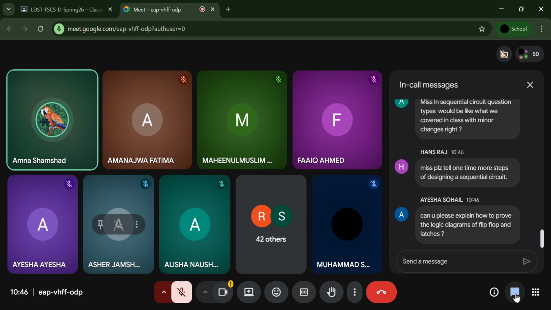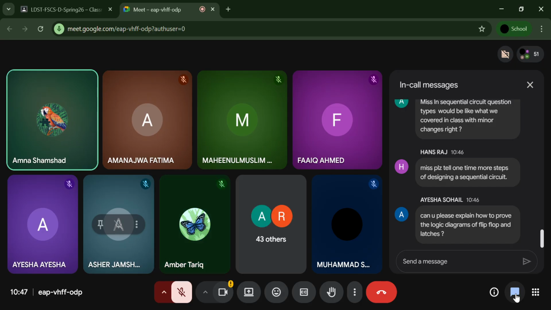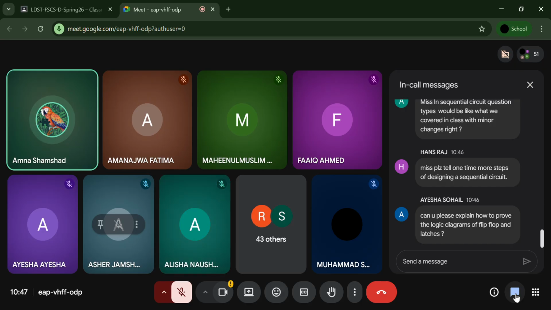Hans, Aisha and Bakhtiar, for you the problem statement must be given. If the question has the state diagram, I will convert it, or I will write a description in the form of a problem statement from the diagram. All three of you have to start from the problem statement.